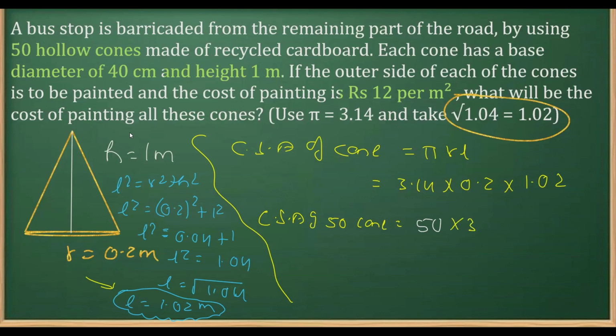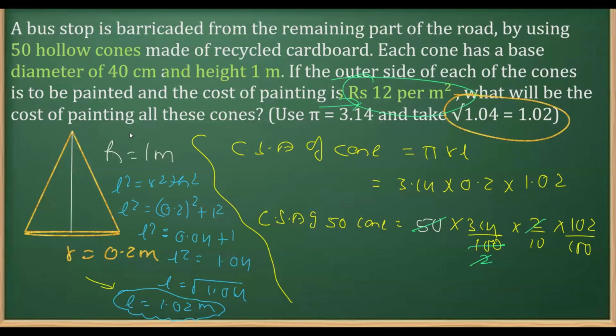So while doing this, I'll keep in mind that I can remove this decimal and write over 100. And so I can write 2 by 10. This is 102 by 100. Now check here, this is cancelled by 2 times, and 2 and 2 get cancelled. Now what is last is to get the cost, and the rate is given.